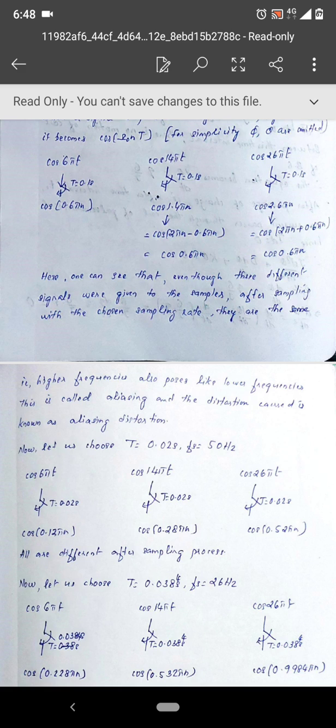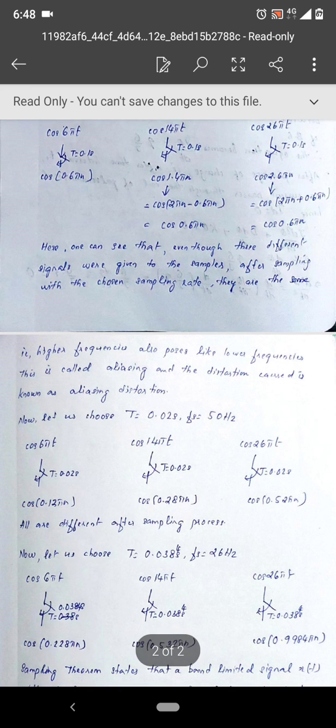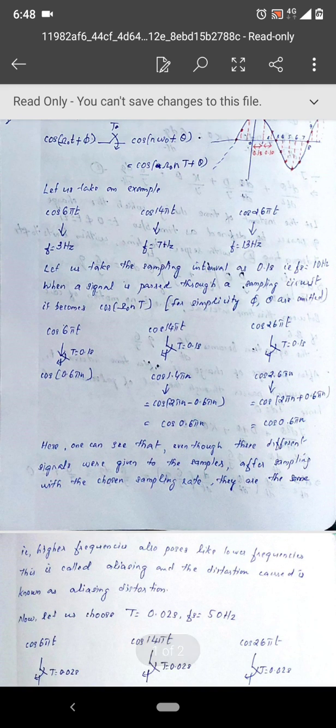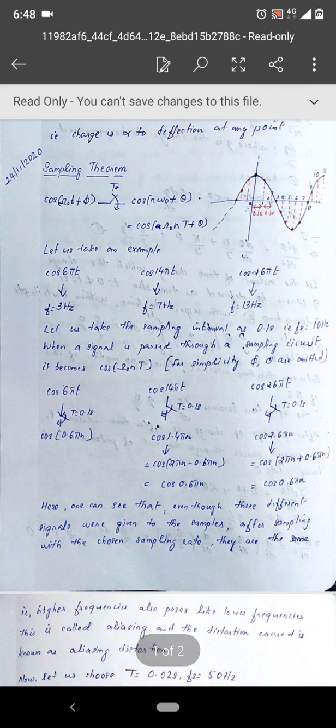That is, analog signals are fed to a sample and hold circuit so that the process of sampling is done. That is what is specified in the first line after the sampling theorem heading: a cosine signal or a sinusoidal signal is fed to a sampling circuit.